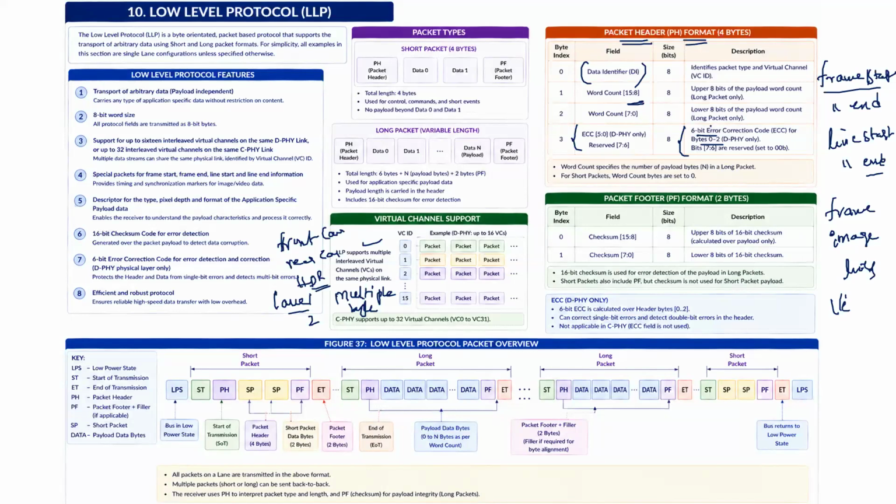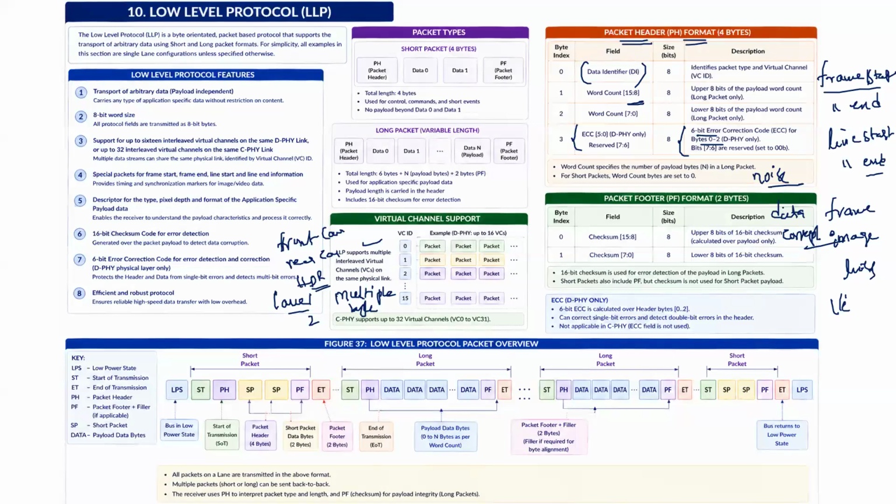Why do I need this? Because we are transferring a lot of data from the cameras. Cameras are sending many images, and if a small noise is there, your data may be corrupted. That means you lost the data. The same thing will happen here.